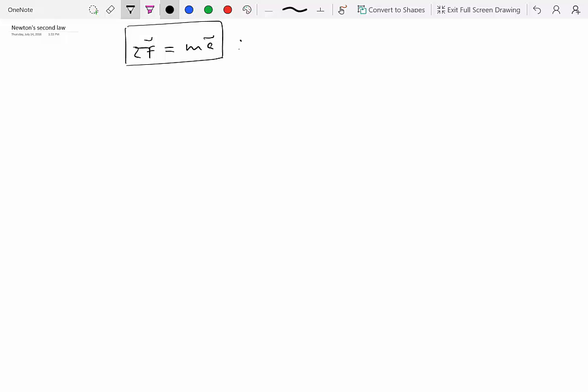So this equation is actually valid only if acceleration is measured in an inertial, also known as Newtonian, frame.